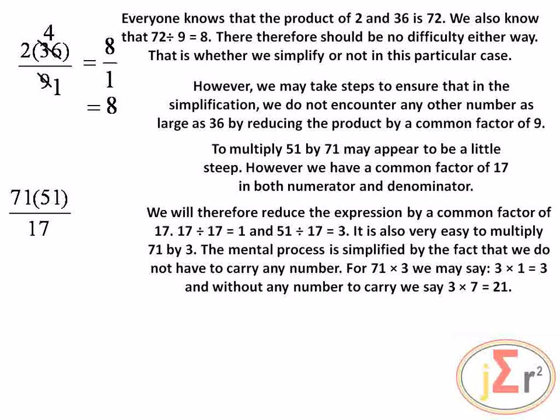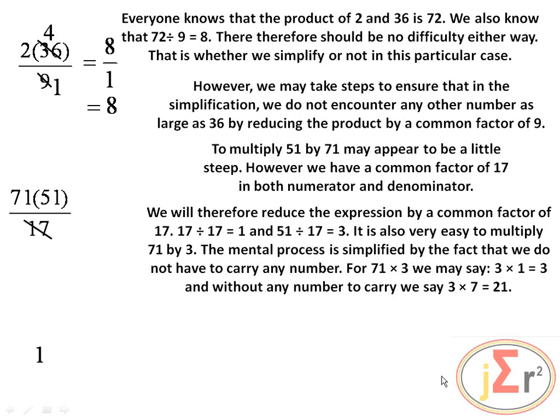In this particular case, we do not have any number to carry. Therefore, for 71 times 3, we may say 3 times 1 is equal to 3, and without any number to carry, we say 3 times 7 is equal to 21. Therefore, we will have 213.